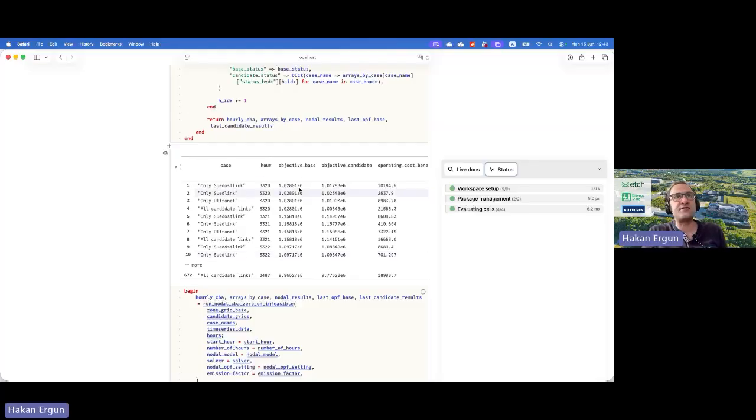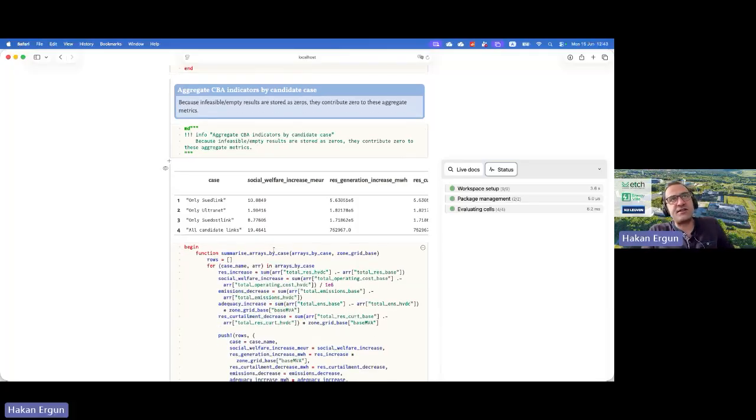So what you can see here is the hourly dispatch cost that you would expect in Germany for that particular hour in 2040. And again, this is given for all the options that we are looking at, for all the candidates, but also for the base case.